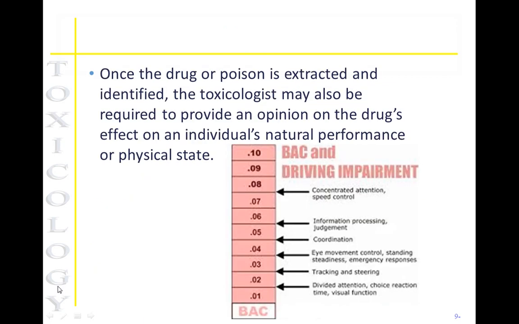Once the drug or poison has been extracted and identified, the toxicologist may also be required to provide an opinion as to the drug's effect on an individual person's performance or physical state.